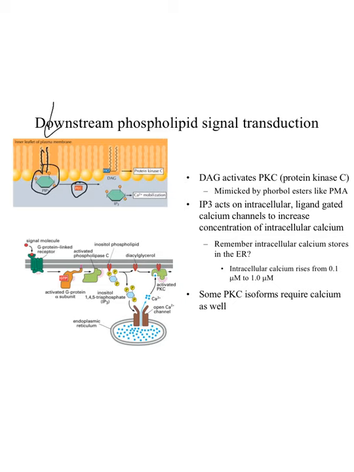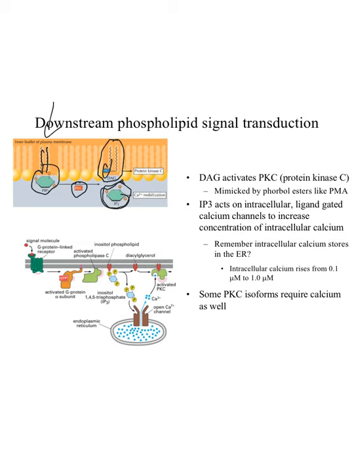The previous slide showed us how it actually gets activated. This one just assumes it's activated. And here are the two cleavage products. Here's the diacylglycerol that stays in the membrane, and here's the IP3. It's basically cutting it in half. So the hydrophobic tail part with this little hydroxyl is diacylglycerol, and then the polar head group is IP3.